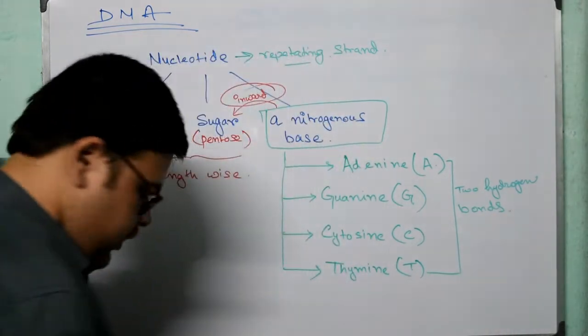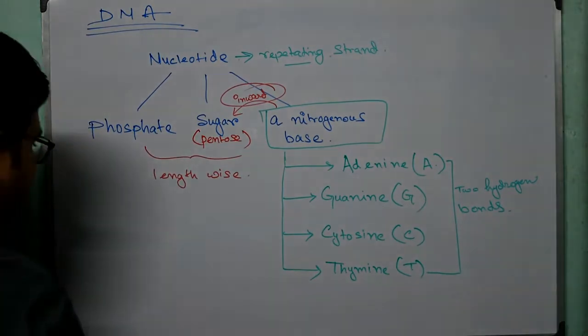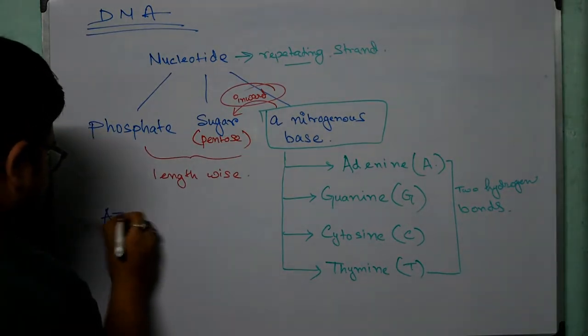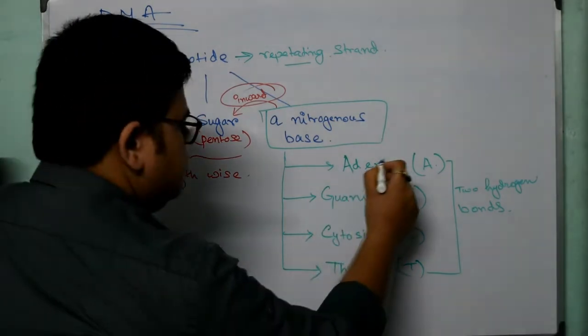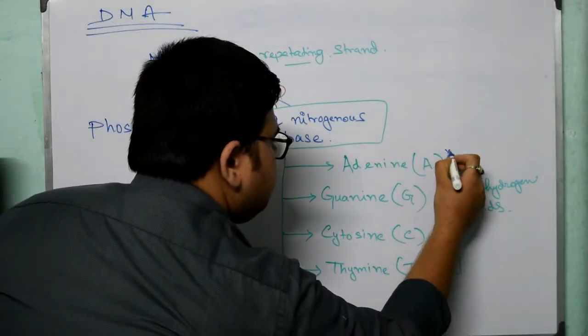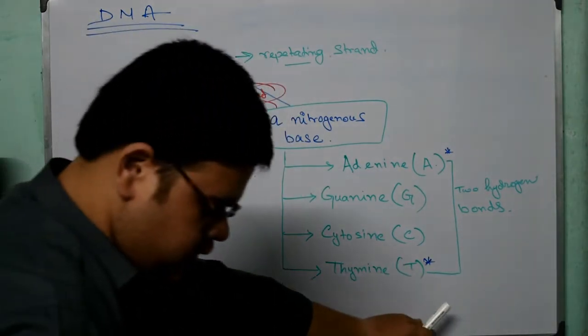We can call it AT. So this A, this T, and this is with 2 hydrogen bonds. Okay.